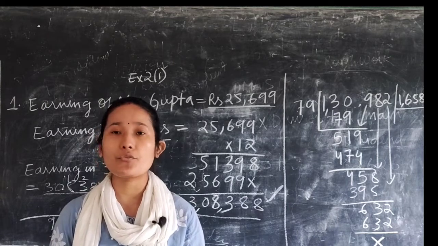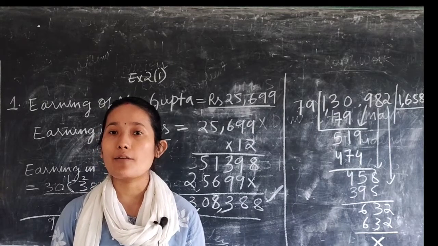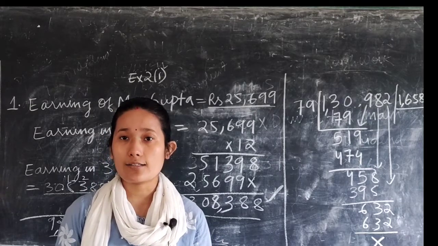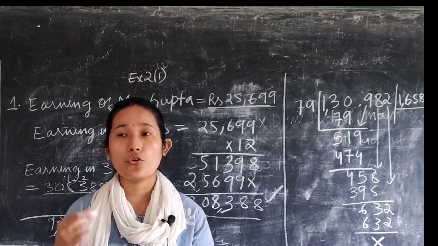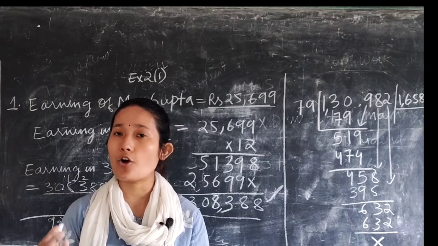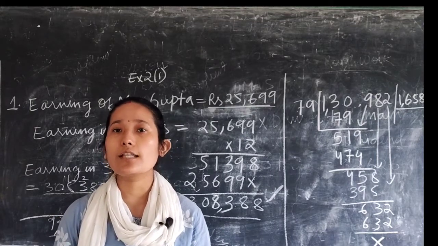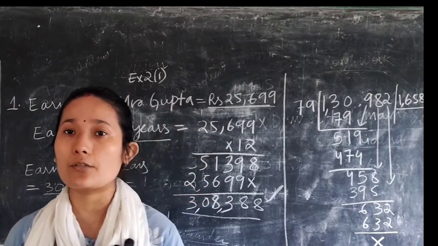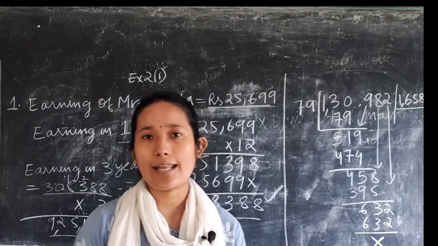In the exam I will not give you exactly what's given in the exercise. I will twist the question. If you have copied from my answer, it would be difficult for you to do it in the exam. So first do it yourself and then tally it with the answers that I have sent you.